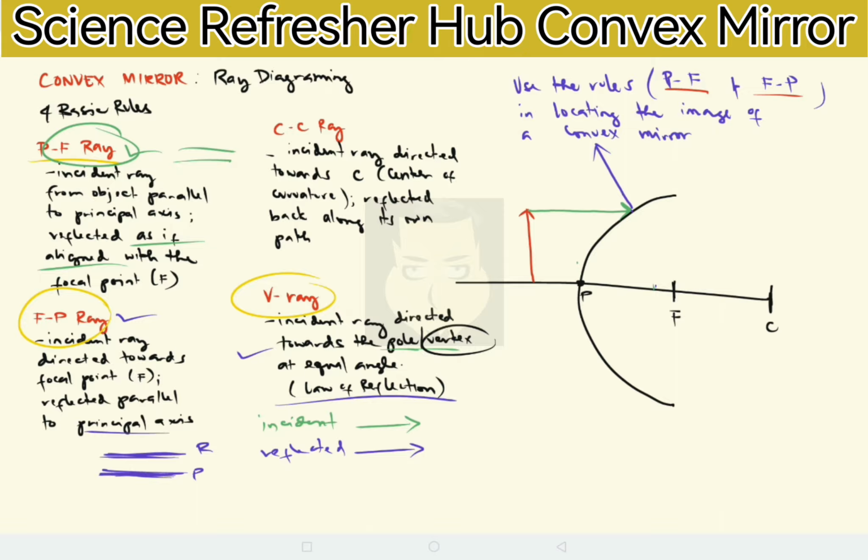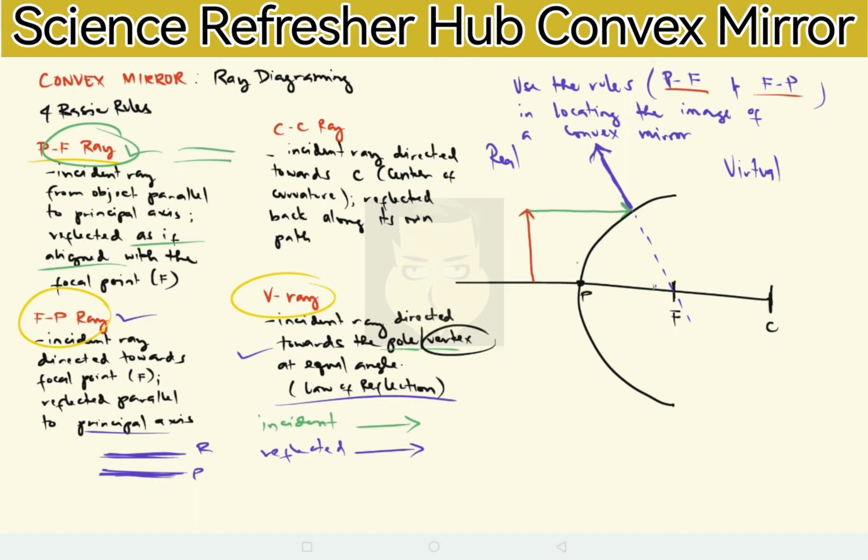So, as if aligned with the focus. I hope it will be better this way. Okay, that's good. So that is how we do the reflection, as if aligned with the focus. You just have to trace it here, and then you put the ray on the real side of our mirror. This is the virtual side behind the mirror.